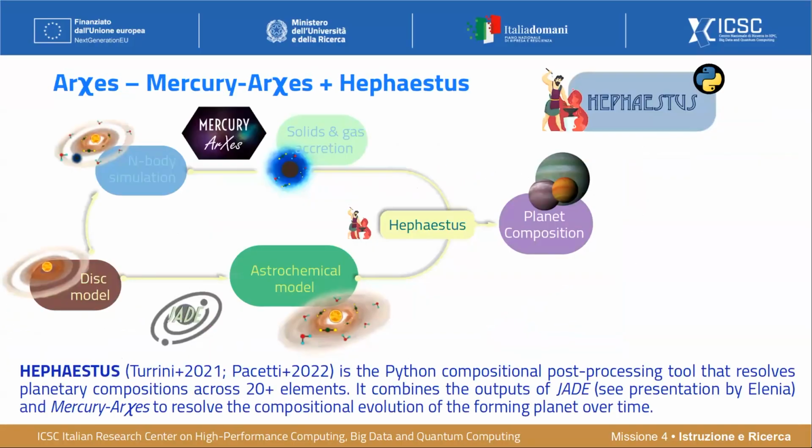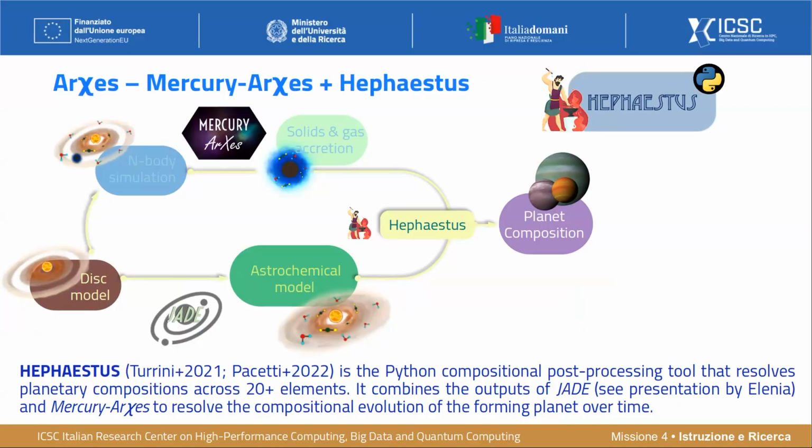As I mentioned, Mercury-Arxes is part of a suite of codes. One of the codes that we implemented that integrates Mercury-Arxes is Hephaestus, which is a post-processing pipeline that combines the output of Mercury-Arxes in terms of flux of impactors and gas accretion with the JADE output, which gives the composition of the disk over time.